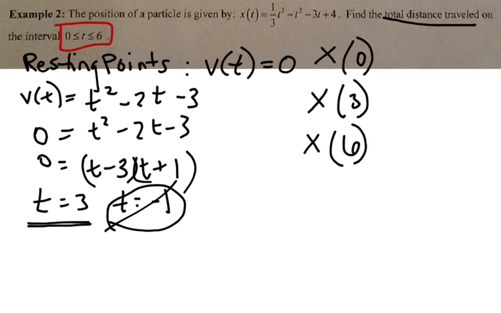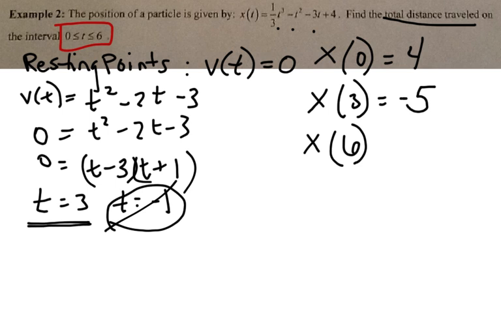So, I'm going to substitute a 0 in for all of these times in my position equation, which is going to just give me 4. Now, I'm going to substitute a 3 in for all 3 of those t values. And I'll let you play with that arithmetic. That's going to give you -5.